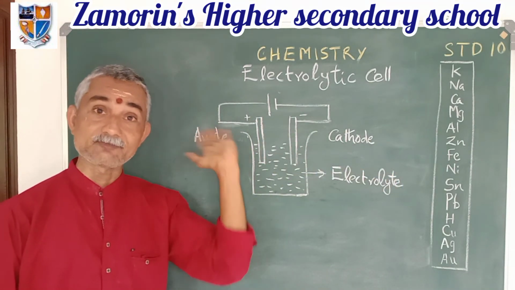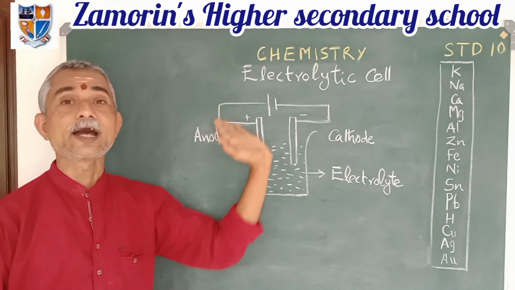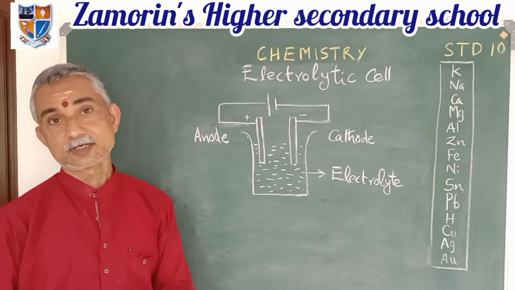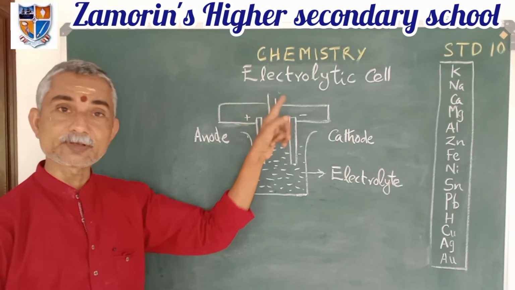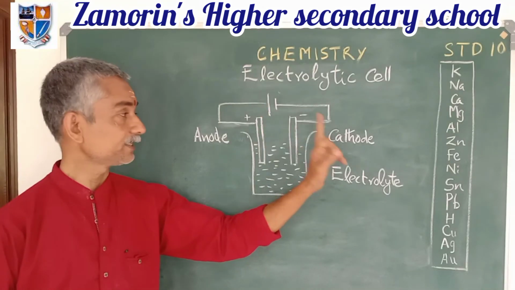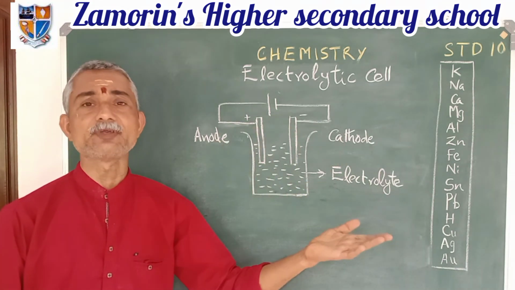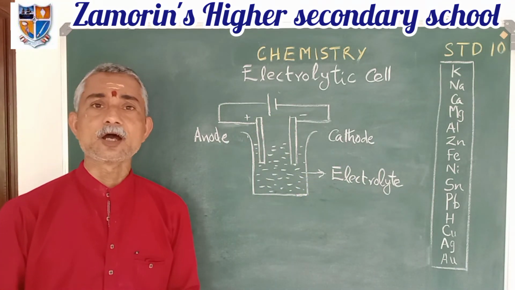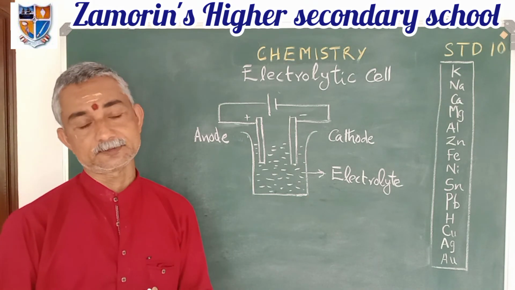In the case of a galvanic cell, it is the reverse. Negative side is called the anode and positive side is called the cathode. But here in the electrolytic cell, the positive side of the battery is called the anode and the negative side of the battery is called the cathode.